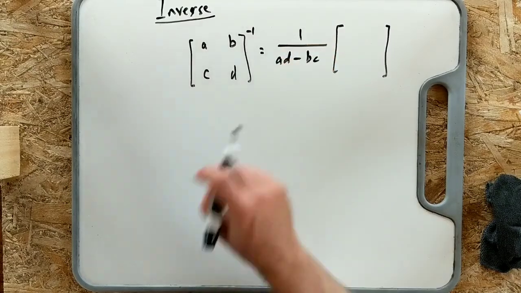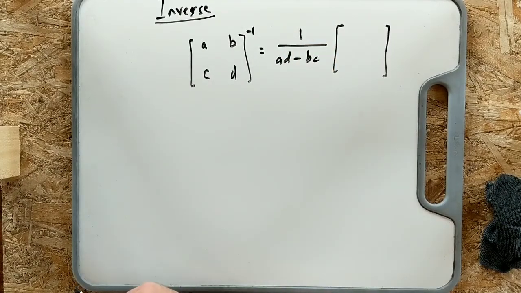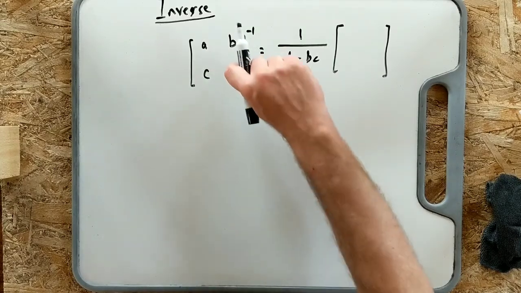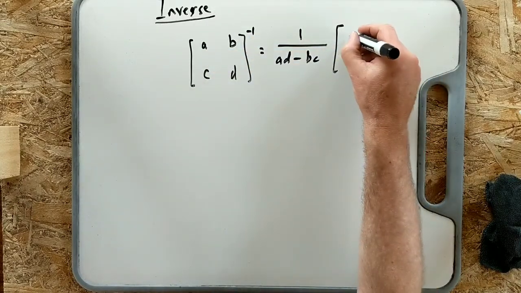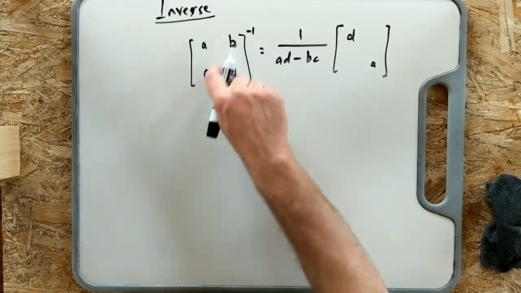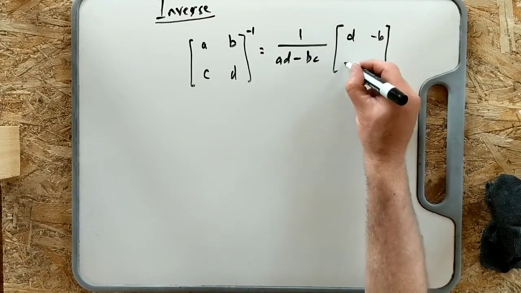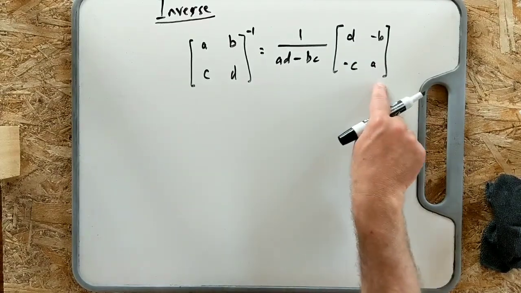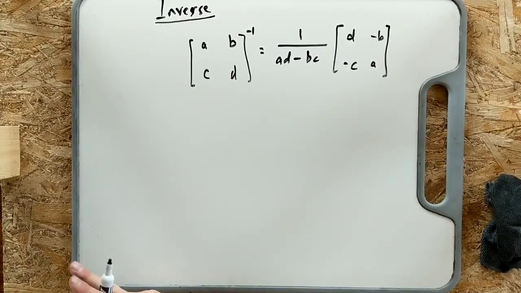That's just a fraction that's going to sit in front of every one of your inverses. And then inside the matrix itself, to create the inverse, you switch the A and D. So where A was, you put D, and where D is, you put A. And then B and C, you make negative, like that. And that will give you an inverse matrix for 2 by 2.